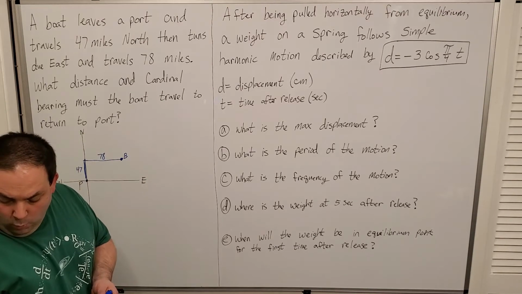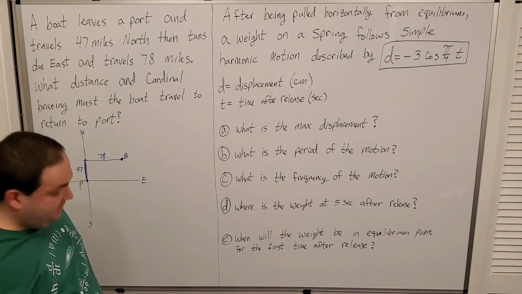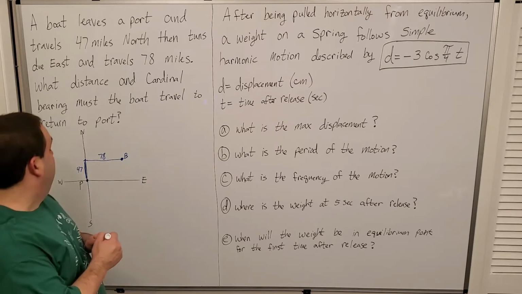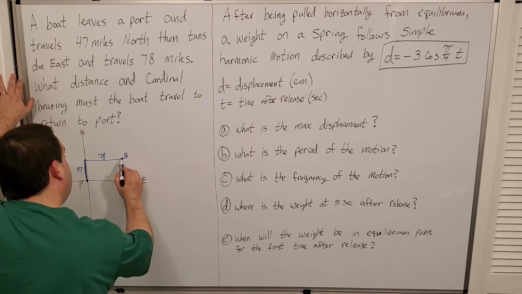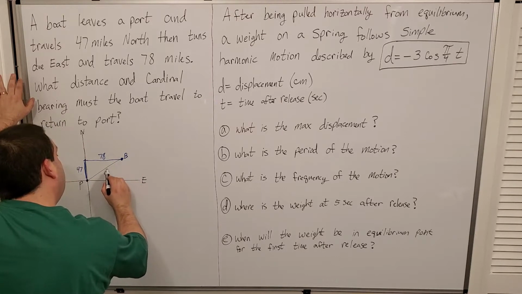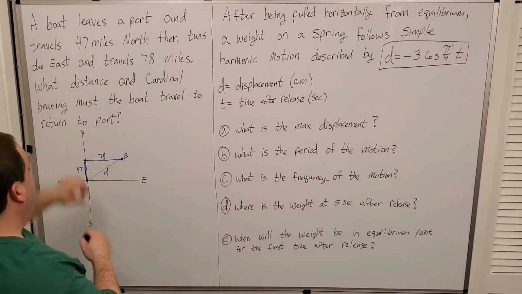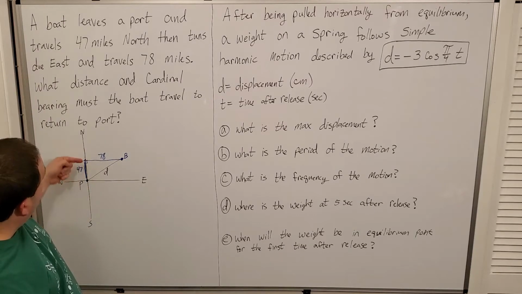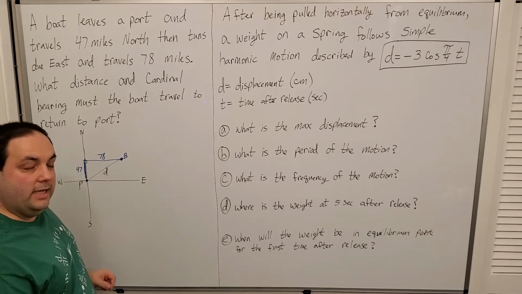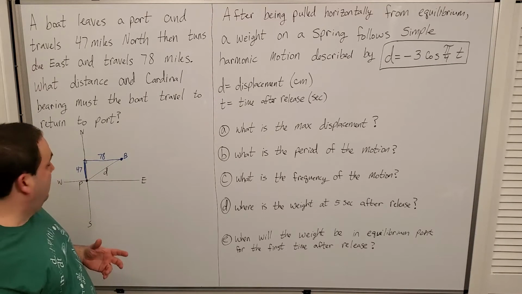Then we want to know the distance and the bearing of this line right here. I'm looking for this distance. And don't forget, this is a right angle because north and east are defined as being perpendicular to each other.